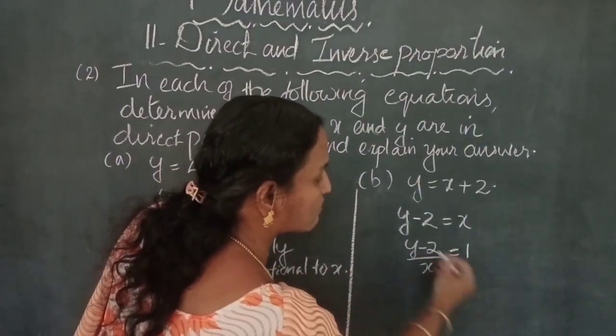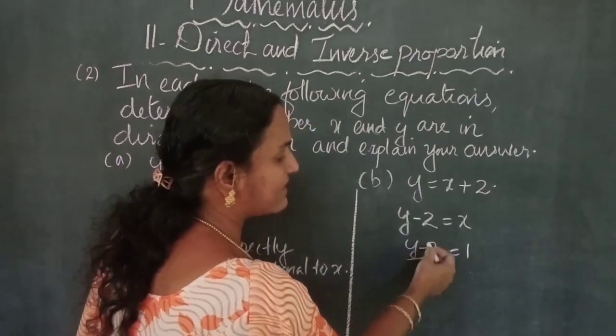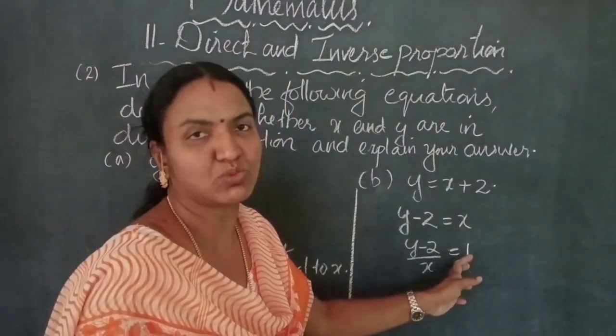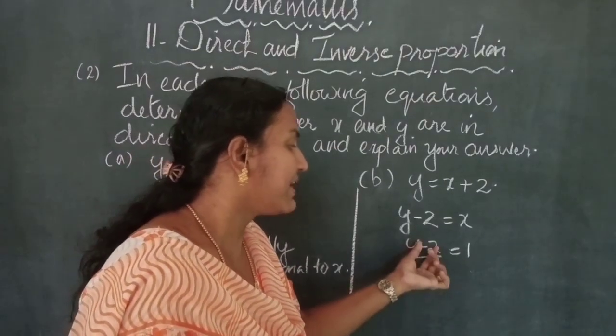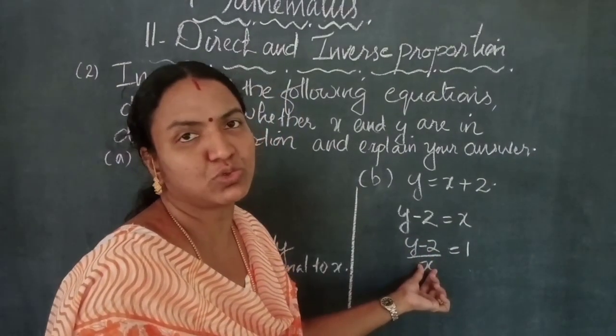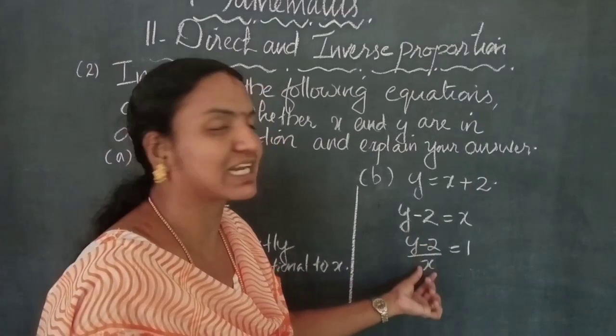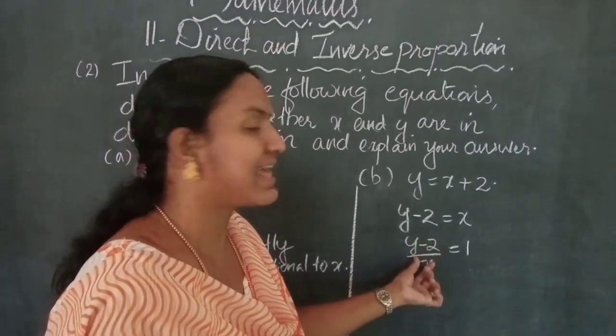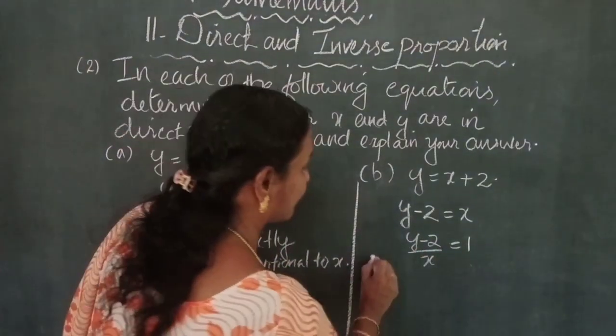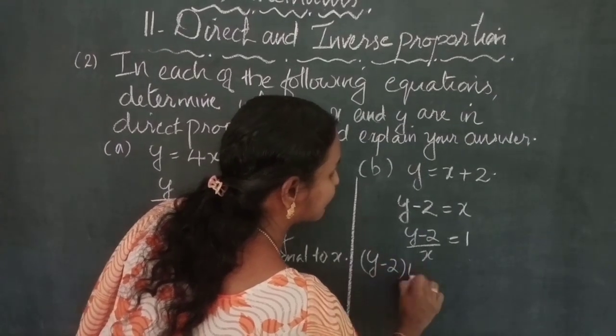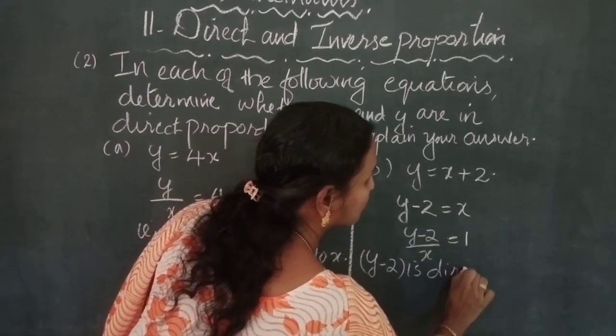By applying cross multiplication, y minus 2 is equal to x. So y minus 2 is directly proportional to x, not y is directly proportional to x.